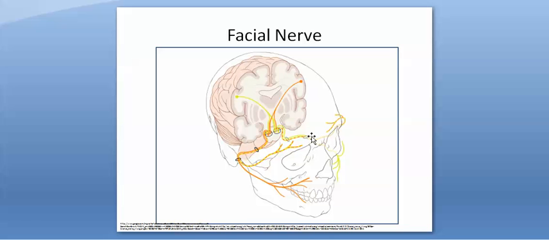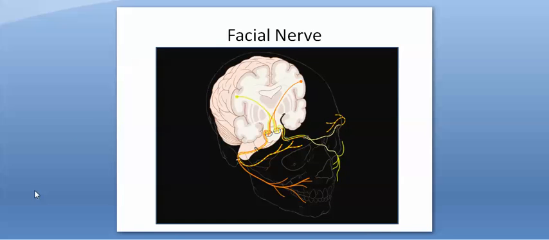Now you may see some weakness, we call it paresis, but you're not going to see that paralysis like you are in the lower side of the face. So if you have a patient that's had a stroke in this part of the brain, you are going to see some right facial droop, specifically around the mouth, but you're not going to see a lot of that around the eye, for example. Okay? So super cool. So here's another picture of it just to give you a better view.